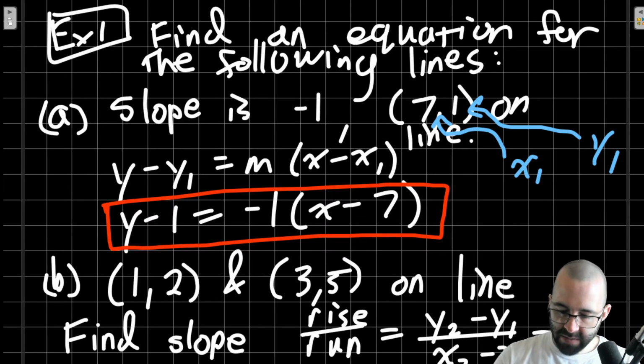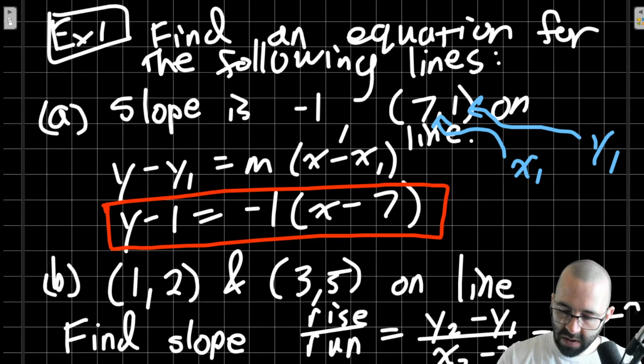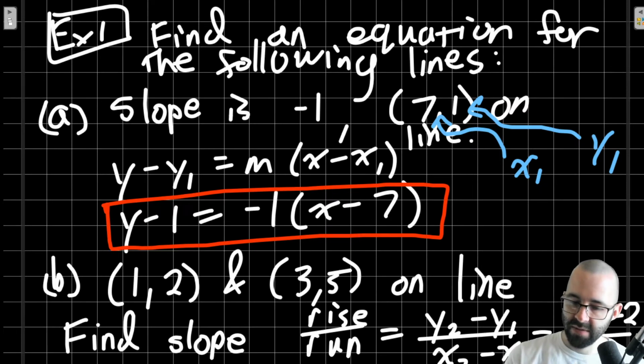So we just do that. Take this y and subtract that y. That's going to be 5 minus 2. Take this x and subtract that x. That's going to be 3 minus 1. And you just simplify, it becomes 3/2. So that is our slope.